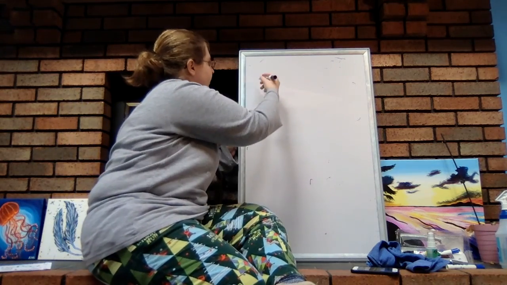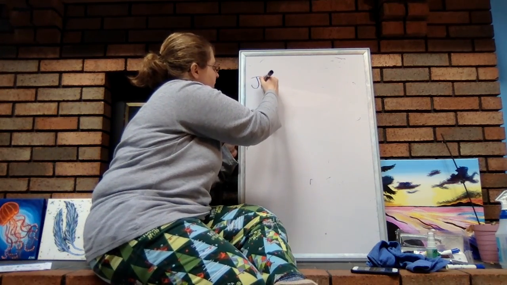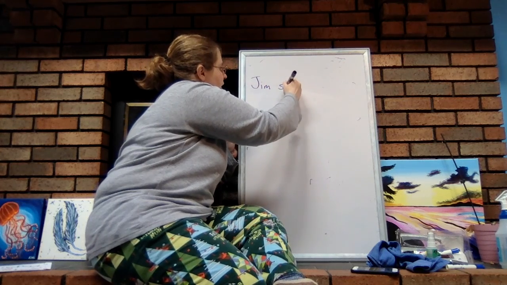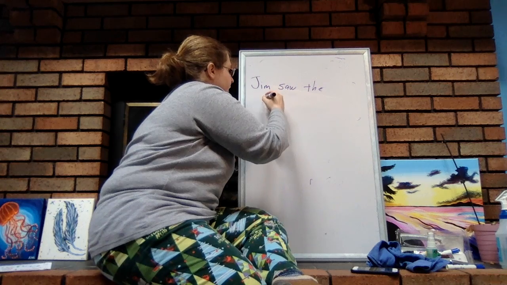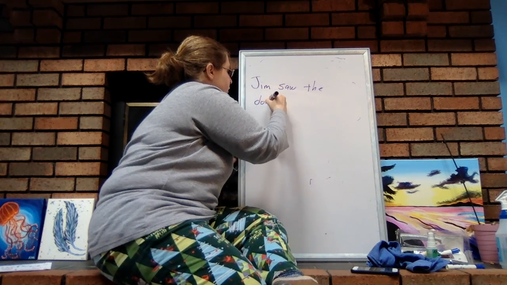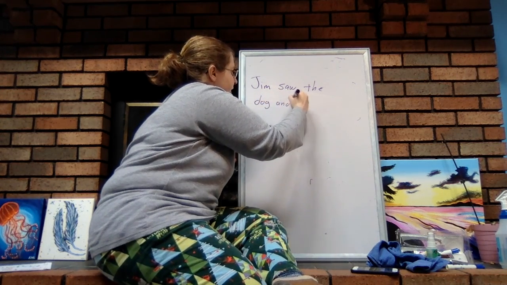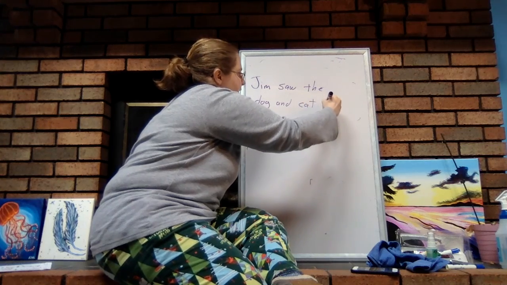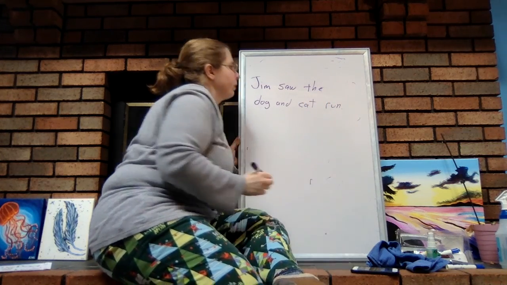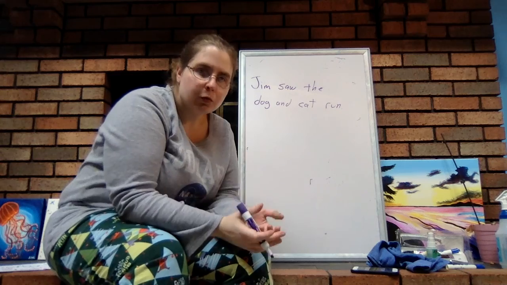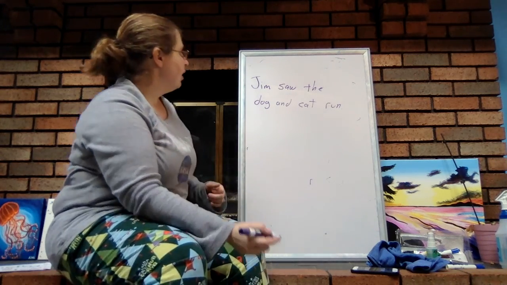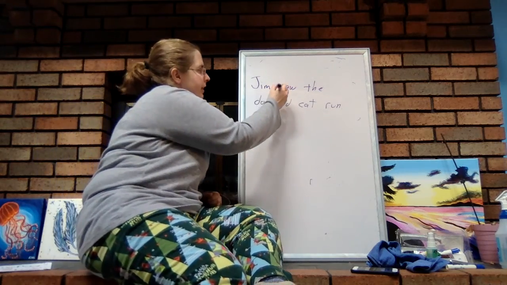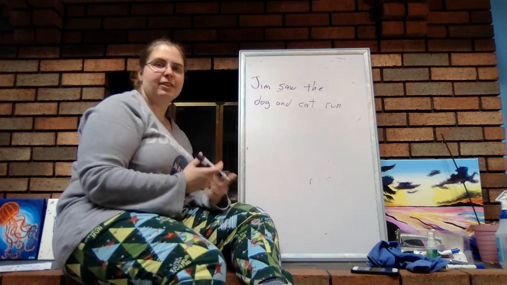So let's say, Jim saw the dog and cat run. I choose 3-letter words to symbolize the 3-letter codons. So if we get rid of the S, it gets lost.